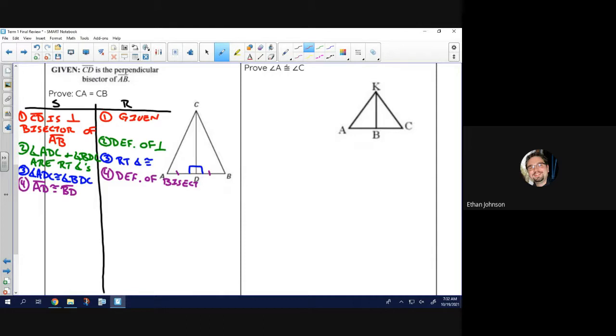Let's look at our triangle look-for list. First question, does it look like a bow tie? Does not in this case. Second question, do they share a side? They do, so that means we have reflexive property of congruence.